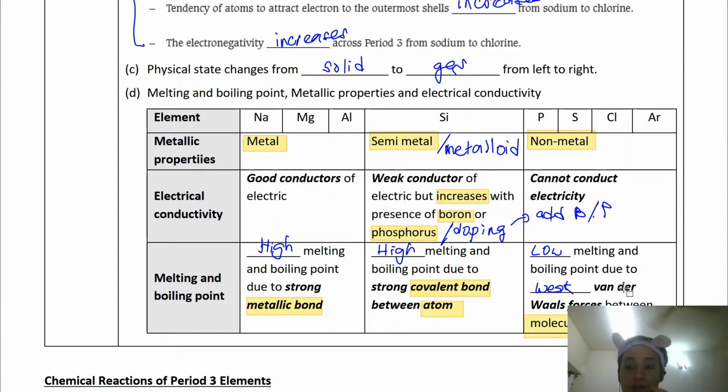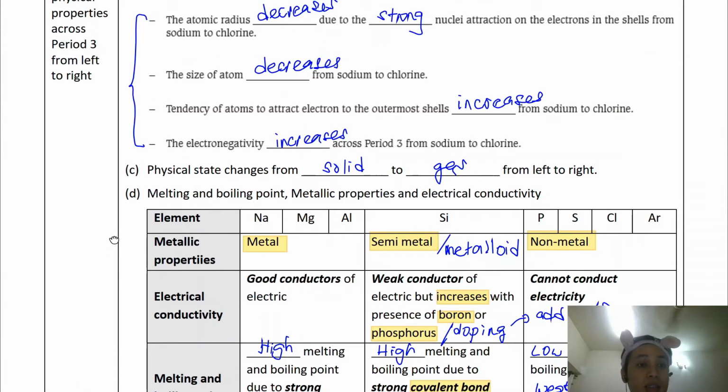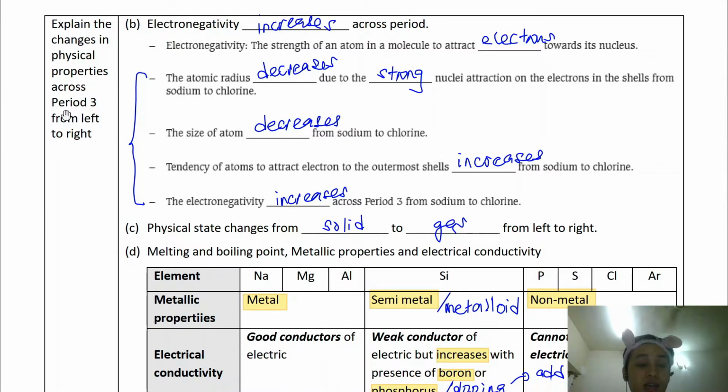So we are using van der Waals forces to explain melting and boiling point for non-metals. For metals or semi-metal, we will use either a covalent bond or metallic bond to explain the melting and boiling point. All right, so that is the physical properties in period 3.